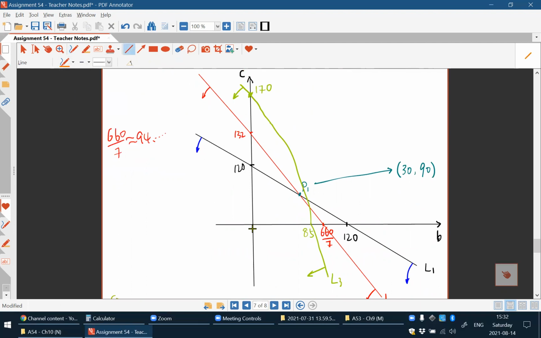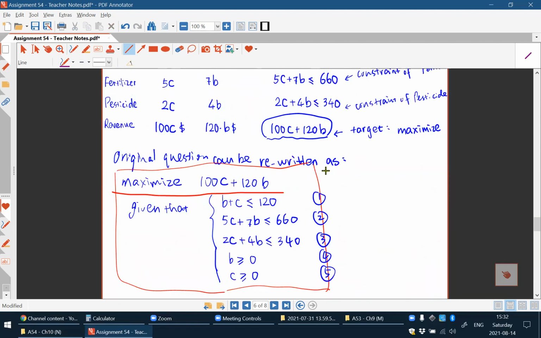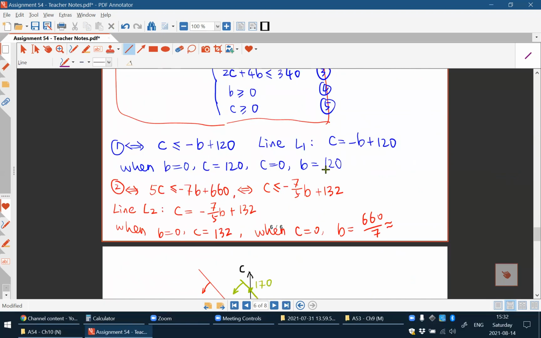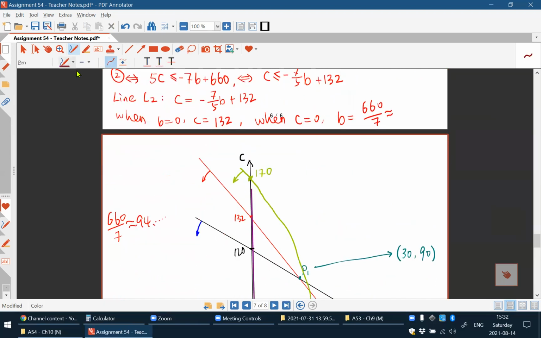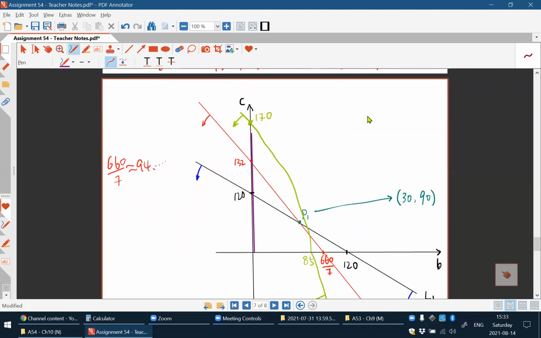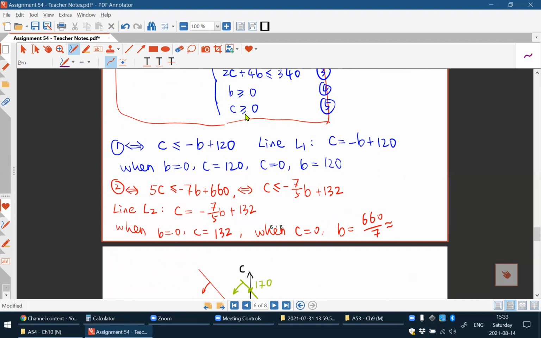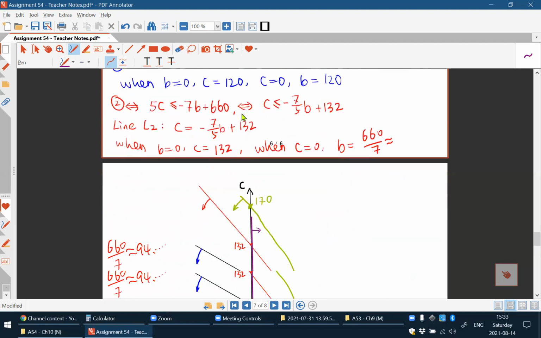So let's draw this here. This is the fourth constraint, and B is greater than or equal to 0 means the area must be to the right of this line, right? Okay, the fifth constraint says C is above or equal to 0.